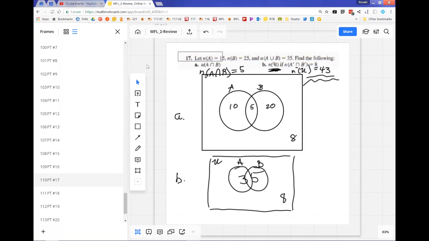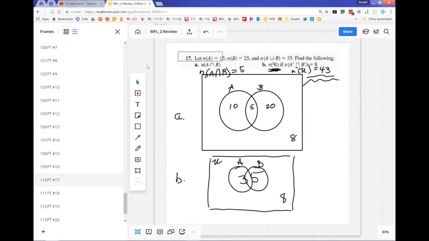Well, 15 plus 25 is not 35. It's 40, and how far off are we? 5. 15 plus 25 is 40. We're off by 5. That told me that 5 was in the overlap.